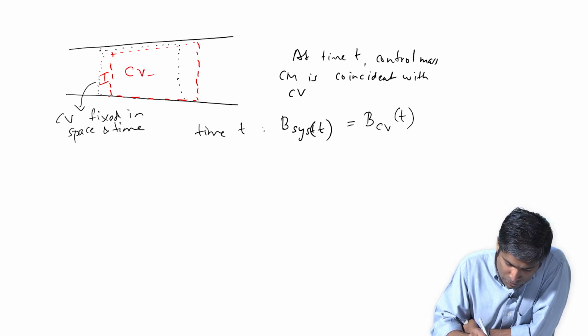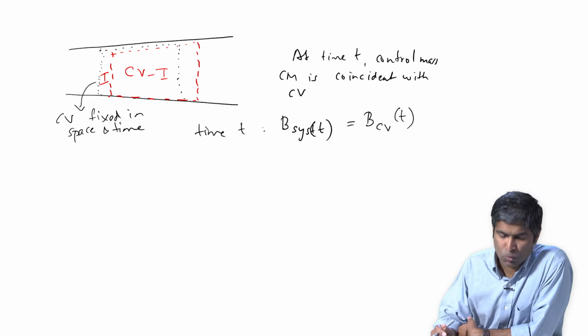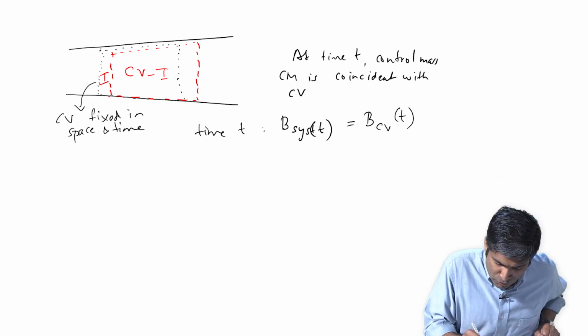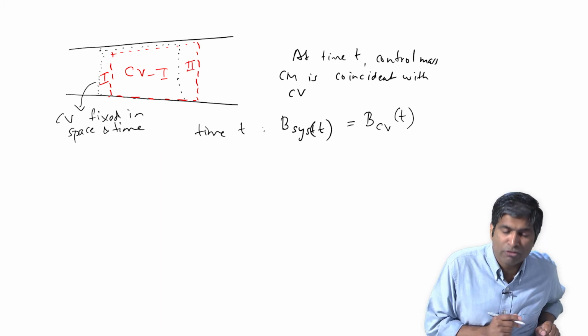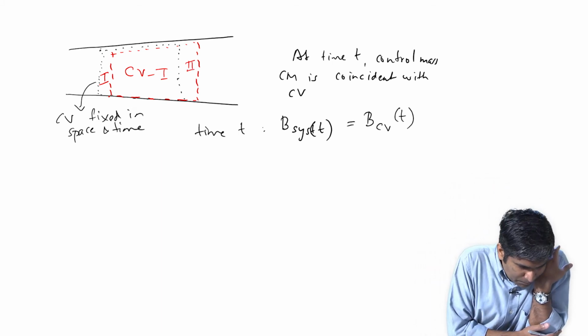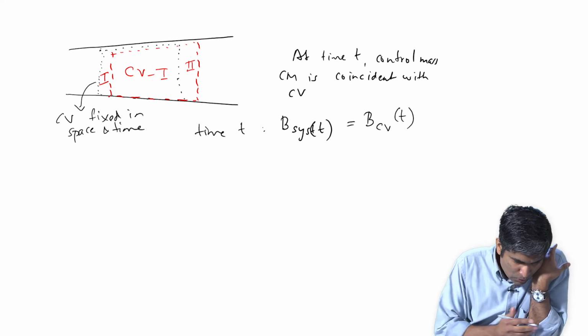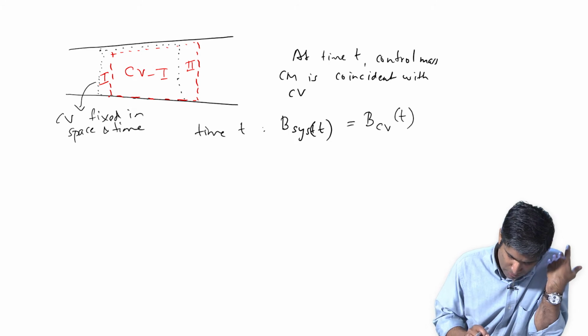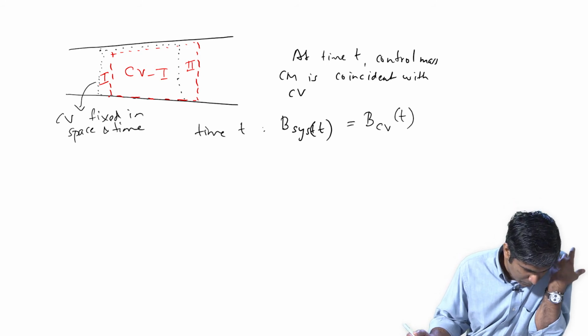So the remaining part of the control volume is CV minus 1. And the part that actually moved out now experienced different conditions, so it's occupying a different volume, maybe 2. And so that portion in red is my system at time t plus delta t.